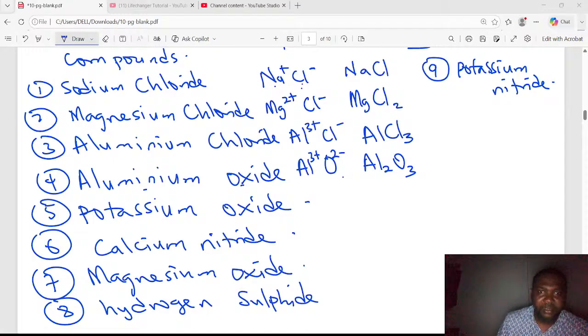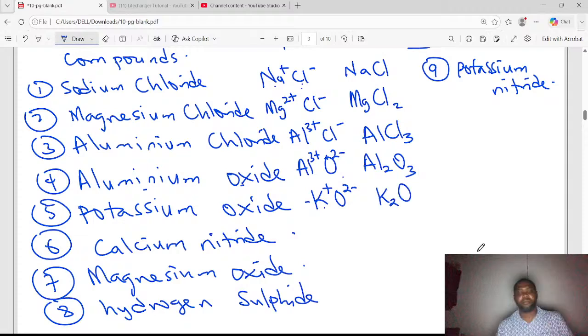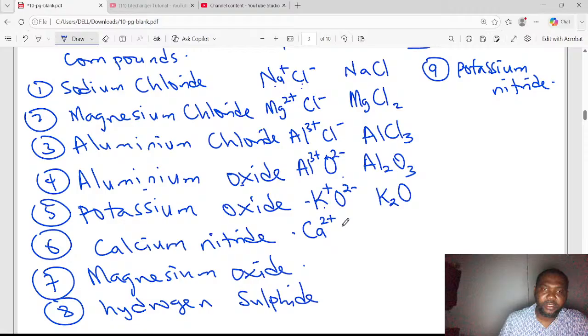Okay? Now, potassium oxide. Potassium is +1. Oxide is -2. So potassium oxide is written as K2O. Potassium oxide is K2O. Okay, so calcium nitride: calcium is +2, nitride is -3.